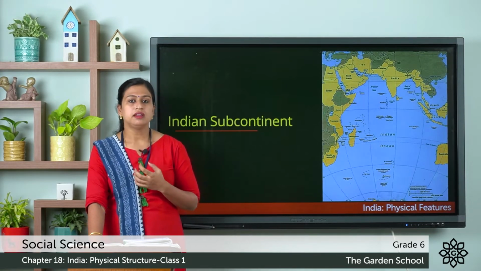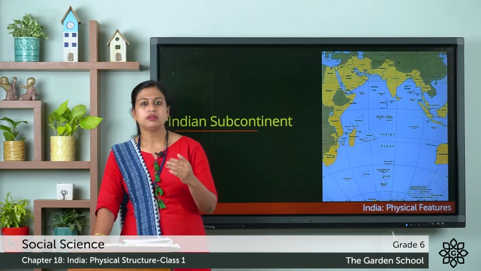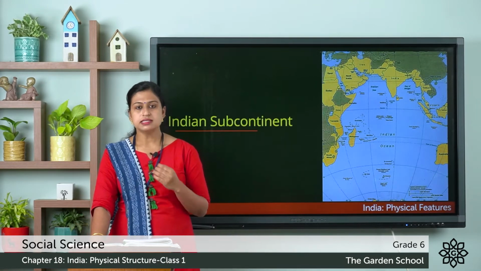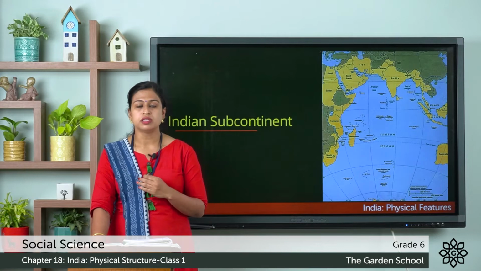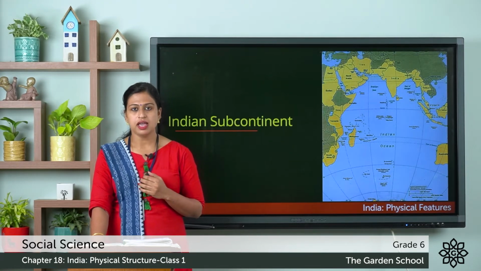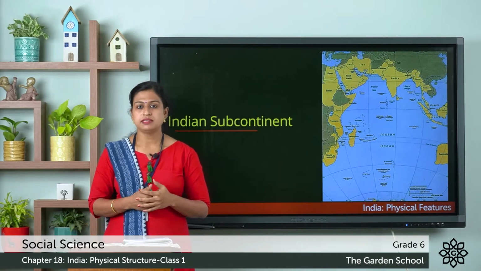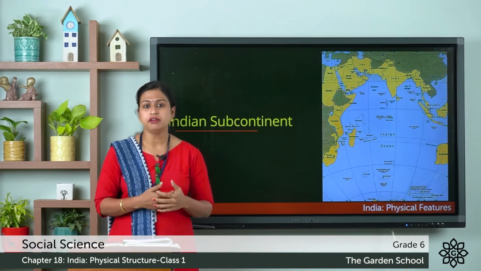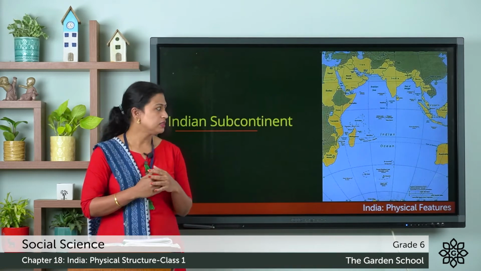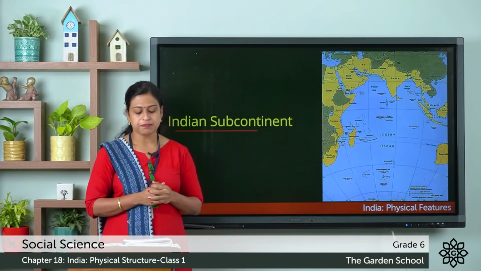Here coastline means a land along the coast, and this coastline is not smooth. It is zigzag in nature and it also has many natural harbors. And harbor means the place where the ship takes shelter for various purposes. So this was about the Indian subcontinent.